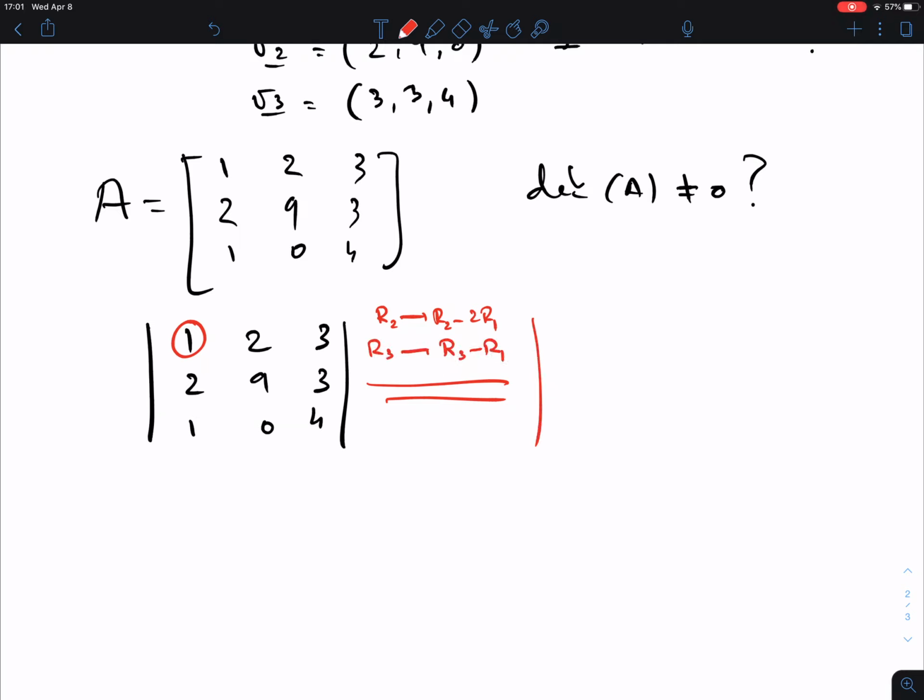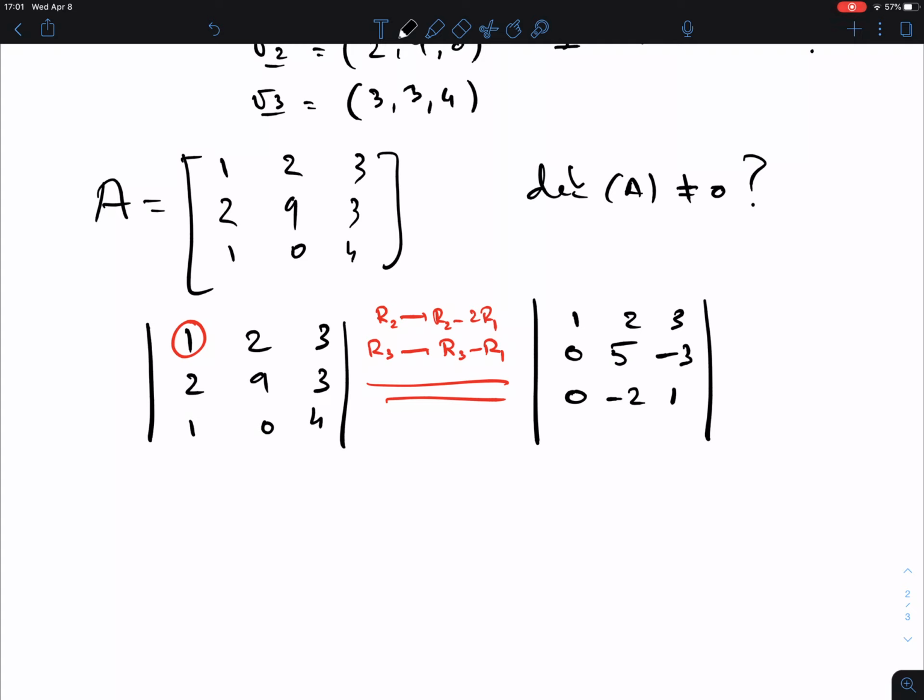I hope everybody now understands why. The first row stays 1, 2, 3, nothing happens. The next row becomes 0, 5, -3, and the last becomes 0, -2, 1.